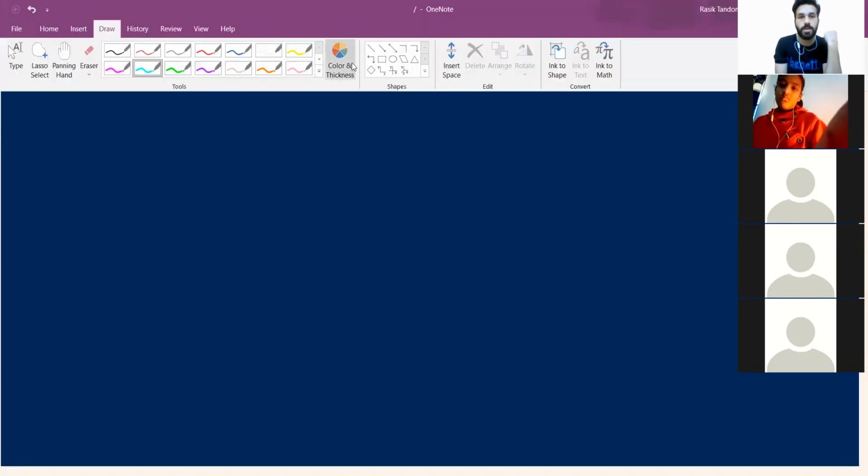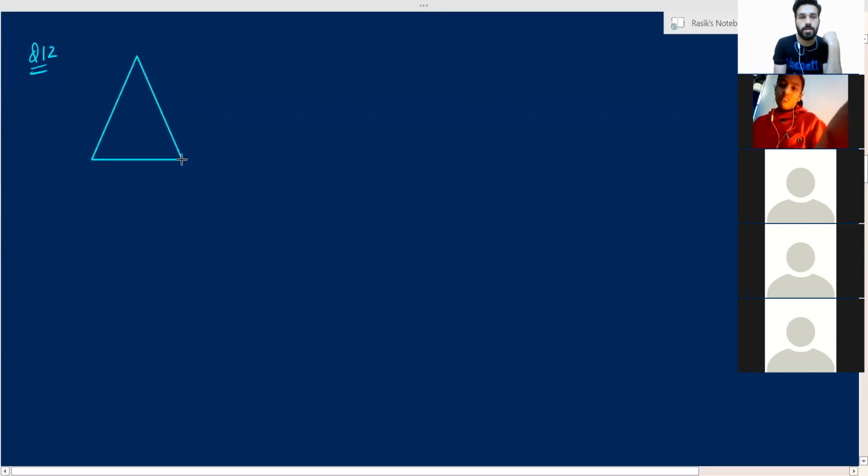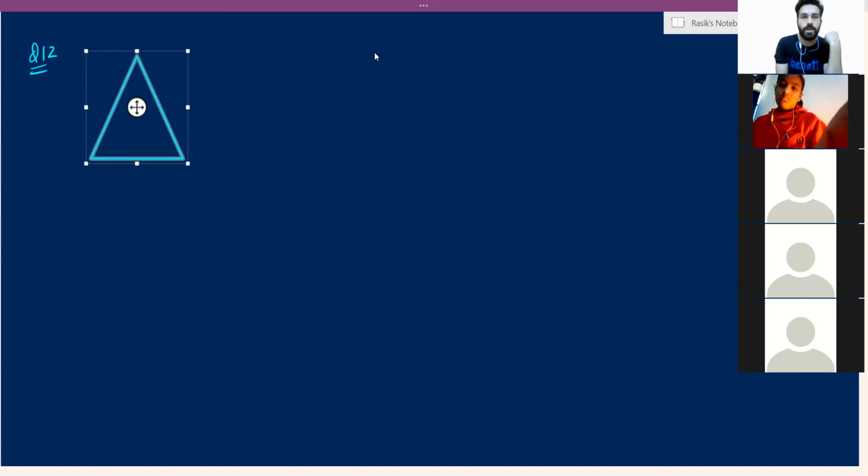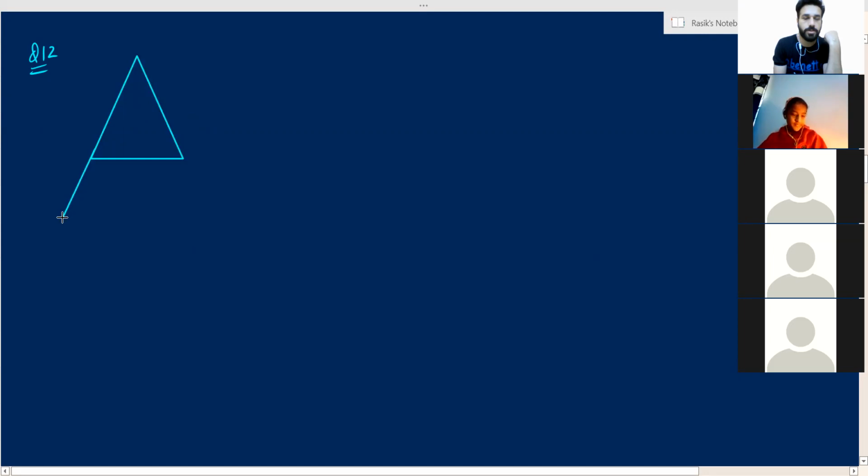In this, there is again a triangle ABC, and then the sides AB and AC are produced. The two sides are produced further.